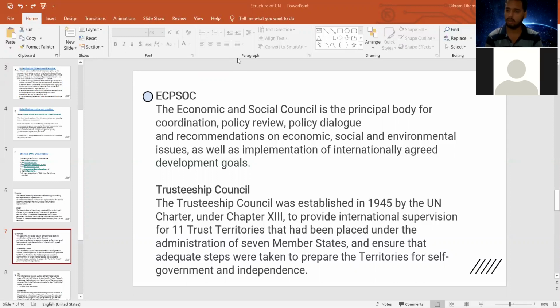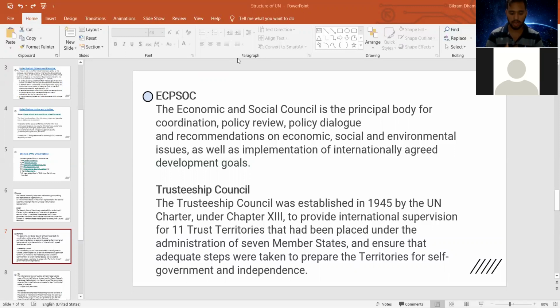The Trusteeship Council was also established in 1945 by the United Nations Charter, under Chapter 13 of the Charter, to provide international supervision for the 11 trust territories that had been placed under the administration of 7 member states, and to ensure that adequate steps were taken to prepare the territories for self-governance and independence. The prime focus of this organ was to make territories independent and self-governing, as many territories were colonized by European nations.